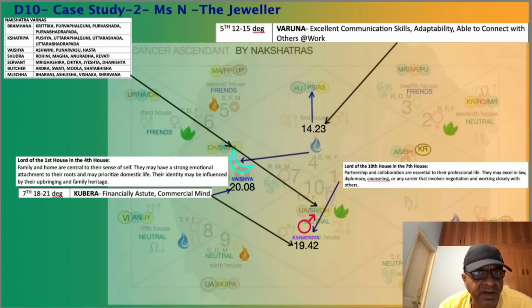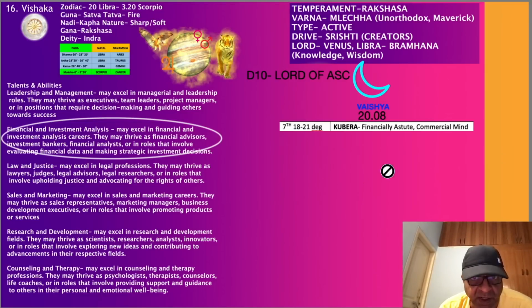Now let's examine her Lord of the Ascendant, what nakshatra it is sitting in. The Moon is sitting at 20.8 degrees in Vishakha Nakshatra. The Lord of the Ascendant in D10 is sitting in the 4th house, which is the Moon, a Vaishya planet, with a financially astute commercial mind. What does Vishakha provide this lady?